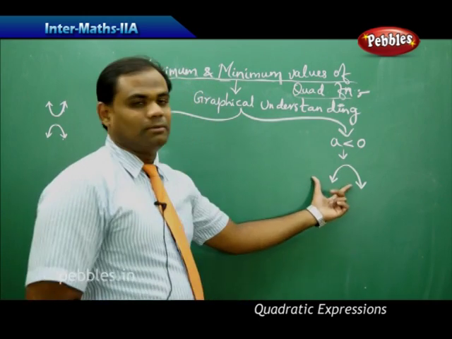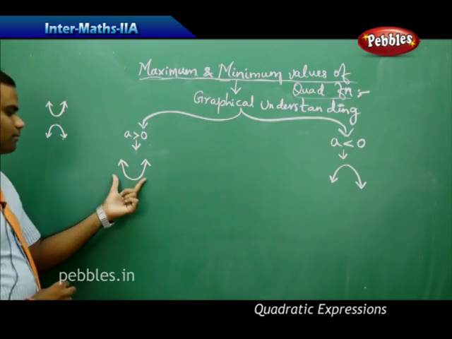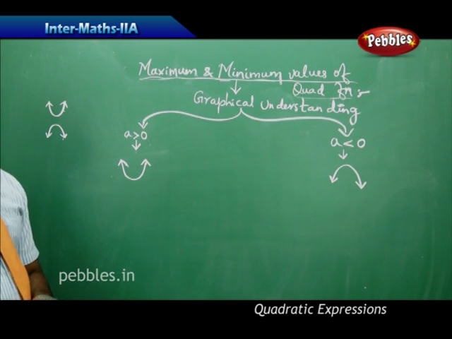It's a downward parabola for A less than 0, and an upward parabola for A greater than 0.